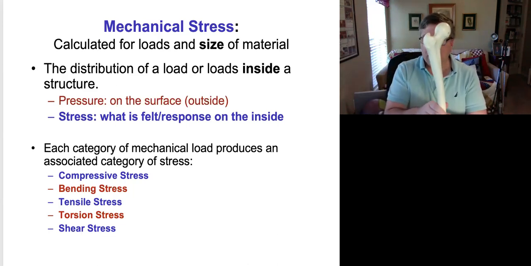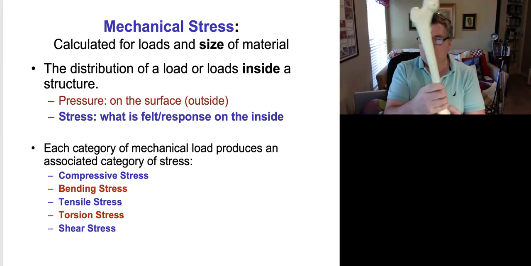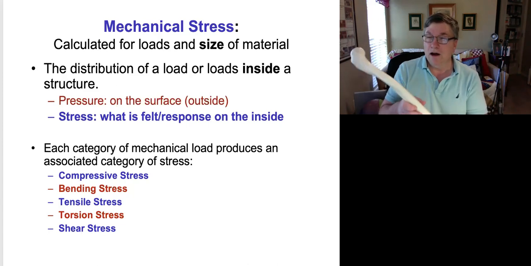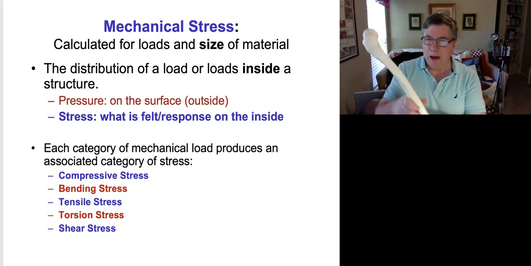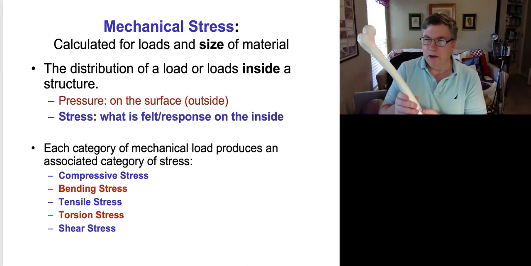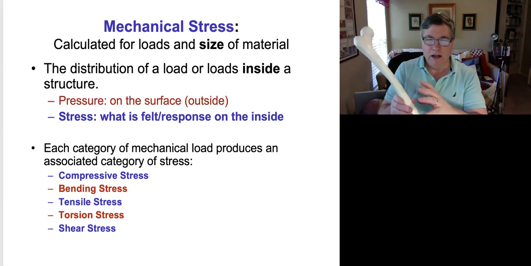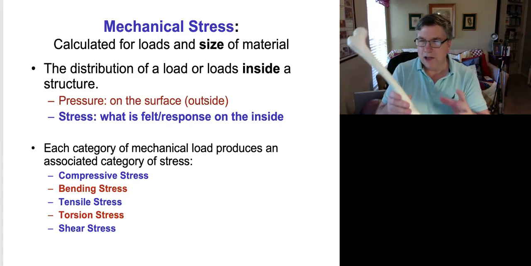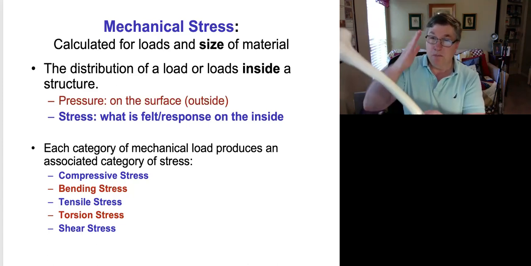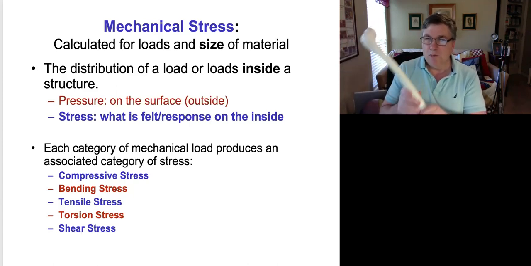Bones are weakest against shear type force. A typical femur or tibia can take over 1 ton of compressive force before it breaks, but only about 500 to 600 pounds of shear force. So a lot of times when you have a fracture in a leg due to a football tackle or soccer or basketball, it's often a combination where there's some compression, but there's a big shear force, especially if you end up with something like a compound fracture.